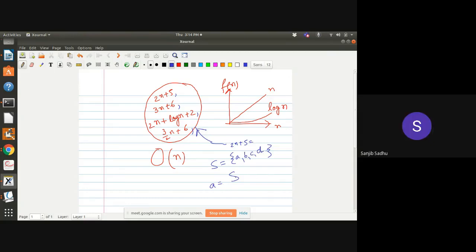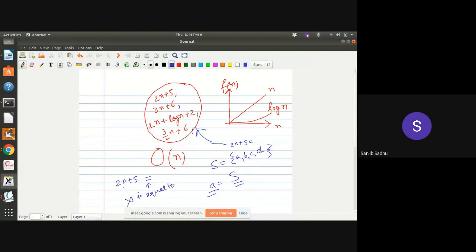No, sir. The left hand side is an element and the right hand side is a set. A set is a collection of elements. So an element cannot be equal to this. That's why here also you cannot say that 2n plus 5 is equal to big O of n.